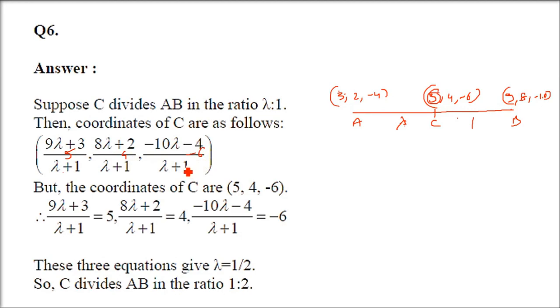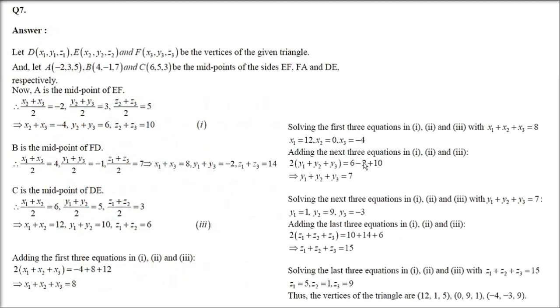You just have to take one of them, because lambda is going to be the same everywhere. So lambda is 1 by 2, that is 1 is to 2. So it's internal, no negative. You don't have to write internal specifically because it's obvious, but if it comes negative, you have to specifically write external.